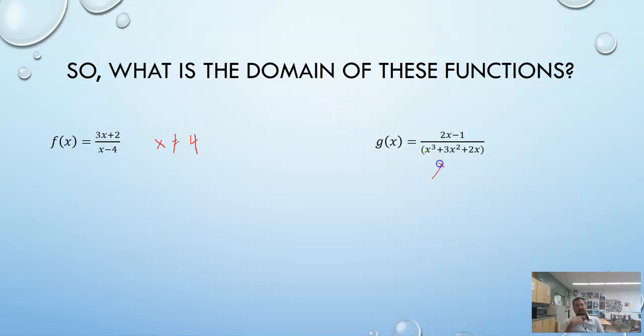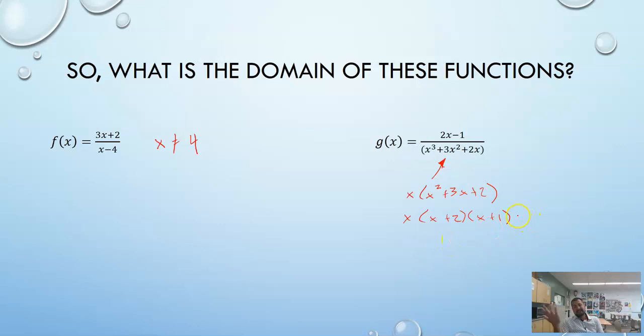Sometimes problems are a little bit more complicated where it's not readily apparent what number it is that we have to avoid. So in a problem like this, where the bottom is more complicated, we would need to try and factor the bottom of the function in order for us to be able to see what numbers we should avoid. So in this case, the bottom of our function factors down to x times x plus 2 times x minus 1.